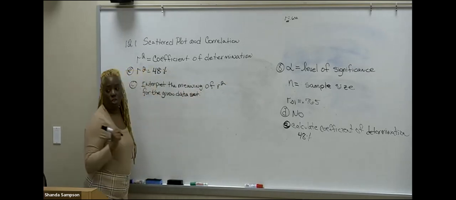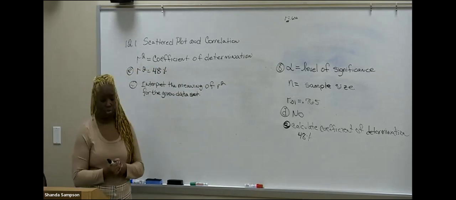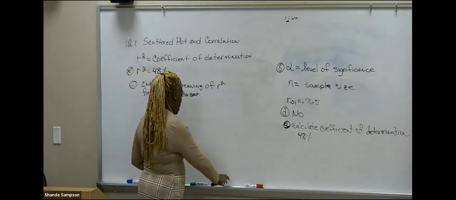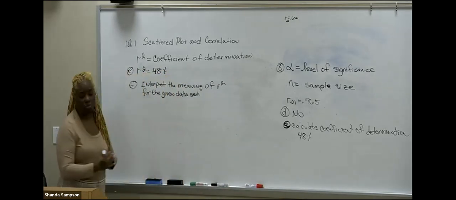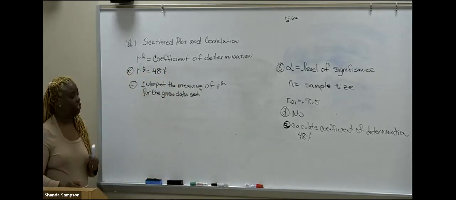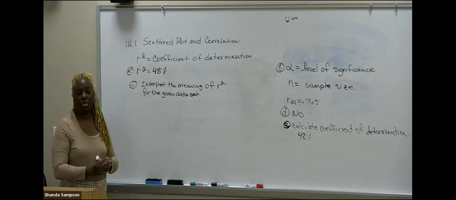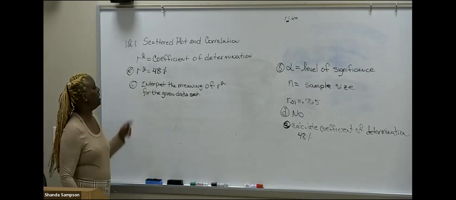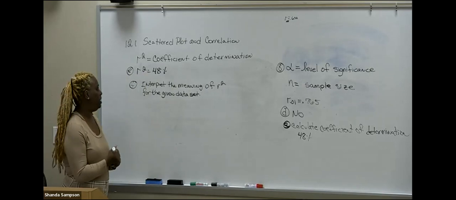So for this given data set, how do we interpret that? Easy interpretation, and you need to write it pretty much like this, so I'm not trying to figure out what you're doing. You can round it to a whole number. We just want to keep them at a whole number, which makes it much easier for you.